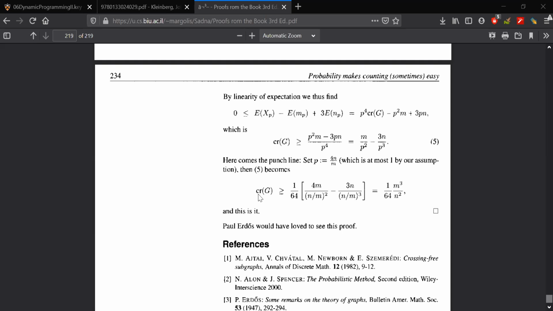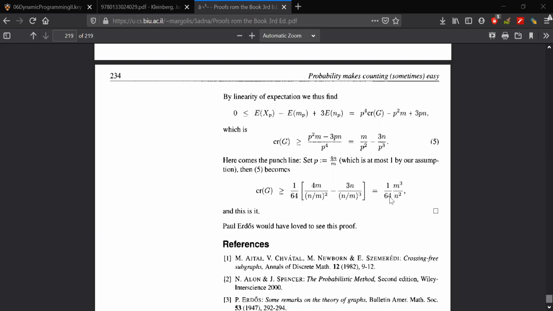When you look at the right hand side of the lower bound, you want to ask yourself for what values of m and n this quantity can be large. This 1 by 64 factor is fixed here. The case where it will be large is when m is very large compared to n, intuitively.